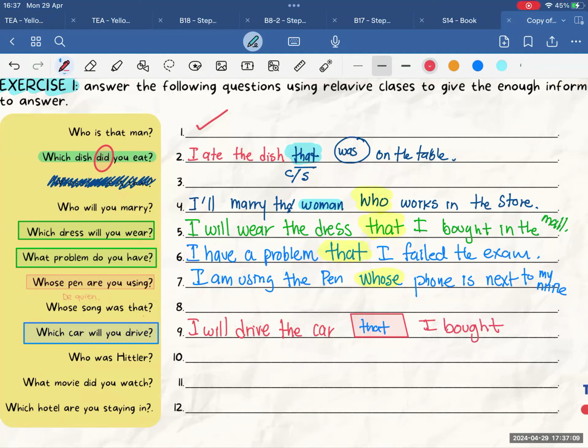I will drive the car that I bought in the store. ¿Cómo se dice? Como in the, tienda de carros. Okay, in the dealer. In the car dealer. All right, very good, Kevin. I will drive the car that I bought in the car dealer. Excellent.